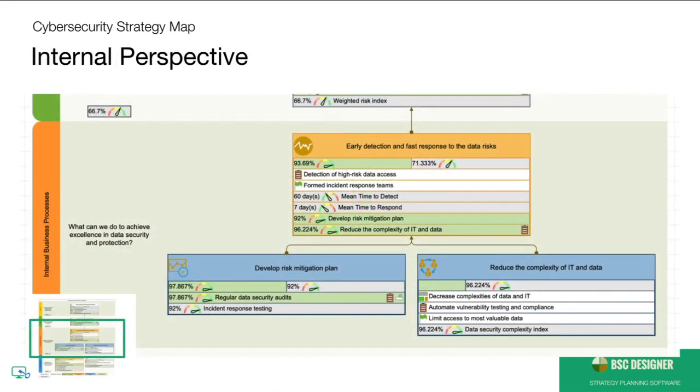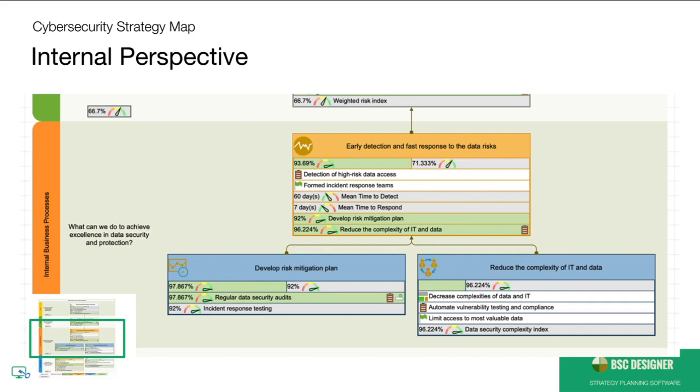Let's move to the internal perspective and discuss the drivers of the strategy. Here we have goals like early detection and fast response to the data risks, develop a risk mitigation plan, reduce the complexity. Why these very goals? How to formulate the goals for your case?